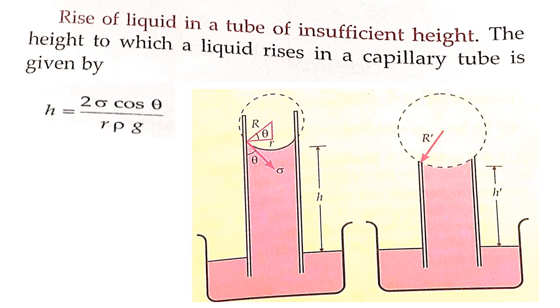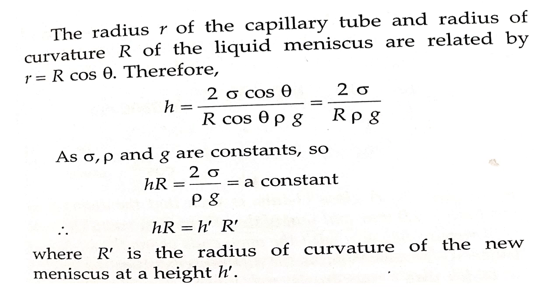As we have calculated already, shown in the first diagram of the following slide, the height up to which the liquid rises in the capillary tube is 2 sigma cos theta divided by r rho g. Now we put small r equals capital R cos theta in the formula of h.